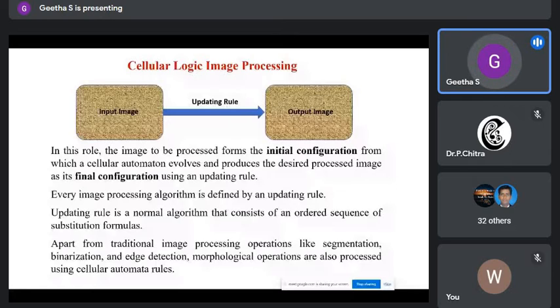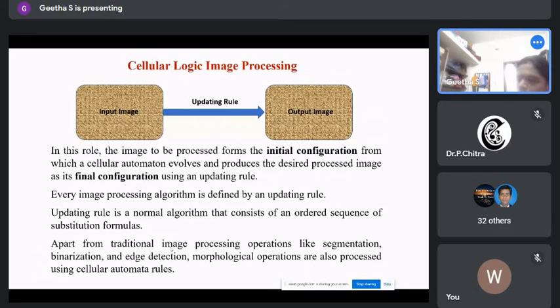It consists of an ordered sequence of substitution formulas. So traditional image processing algorithms like segmentation, binarization, edge detection, and morphological operations can also proceed using cellular automata rules. So it is normal image processing, but we are applying it in the cellular automata rules.